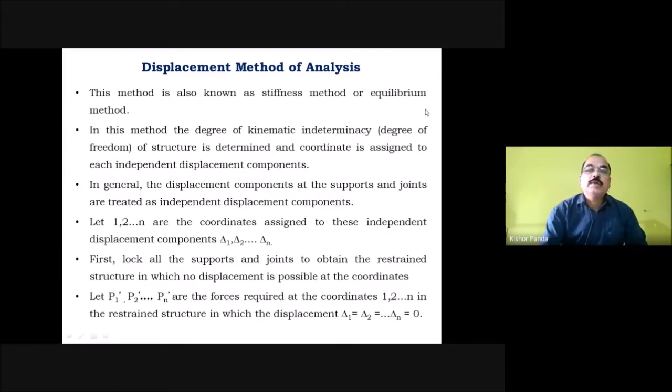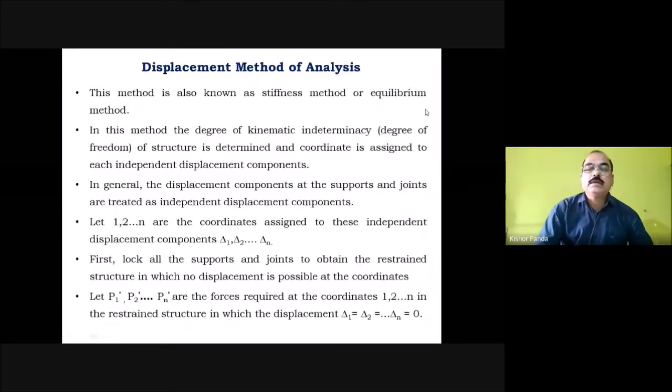If the unknown displacement components are greater than the compatibility equations, then the structure is kinematically indeterminate. The number of extra static equilibrium equations required to find the unknown displacement components is called the degree of kinematic indeterminacy, or the degree of freedom.